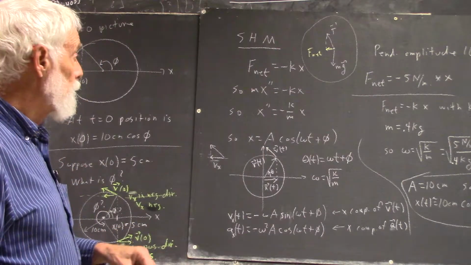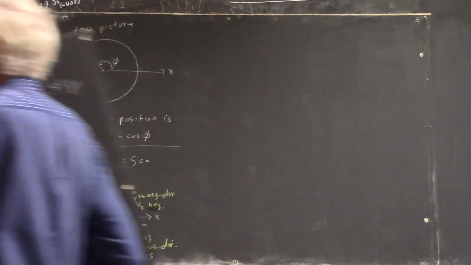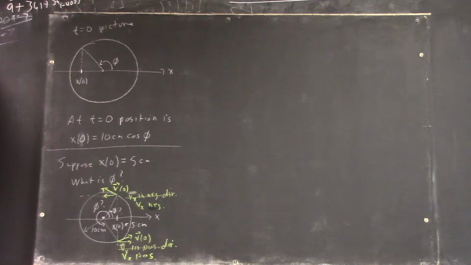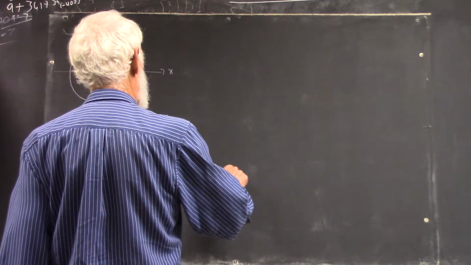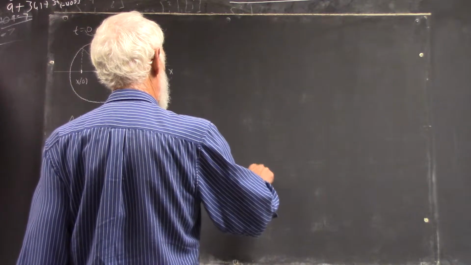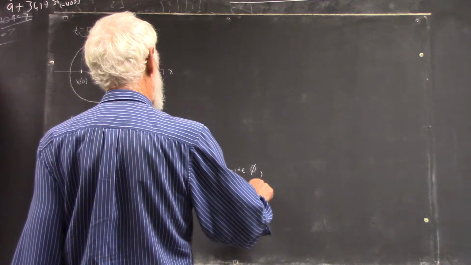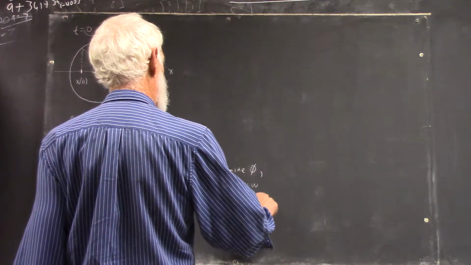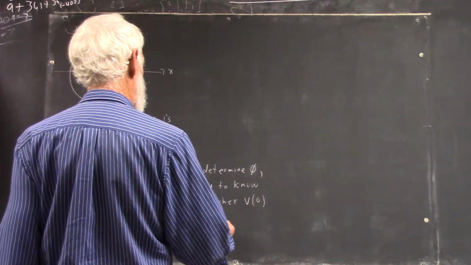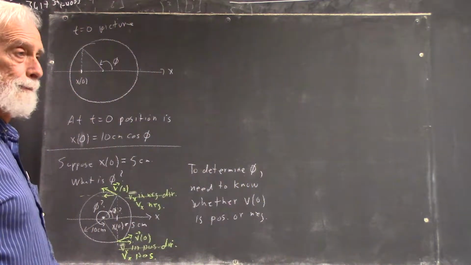Okay? So to determine the value of phi, you need to know whether v of 0 is positive or negative.